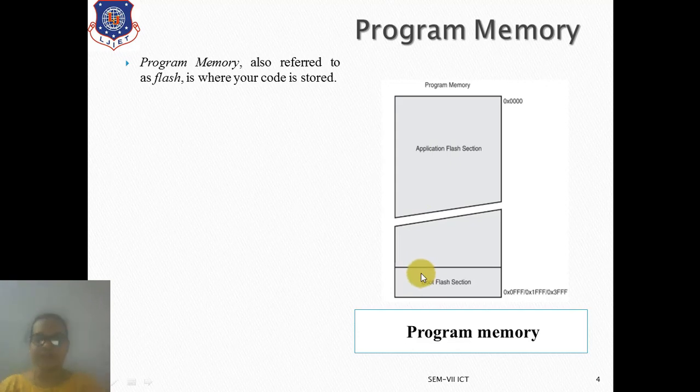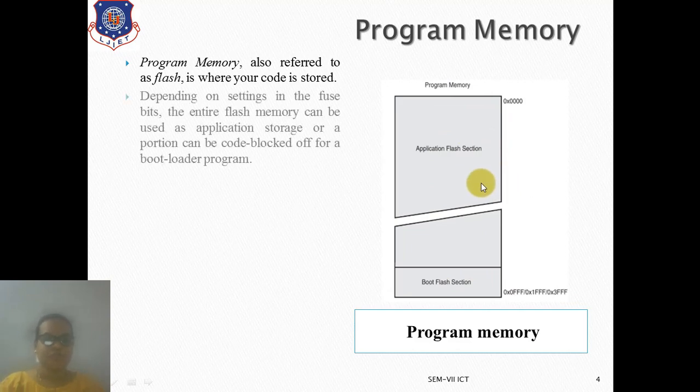And in the last section there is a boot flash section to reboot this program memory, right? And it ends at 0x0FFF or so, depending on how much program memory is connected with that particular AVR.